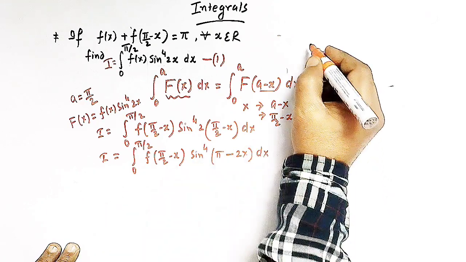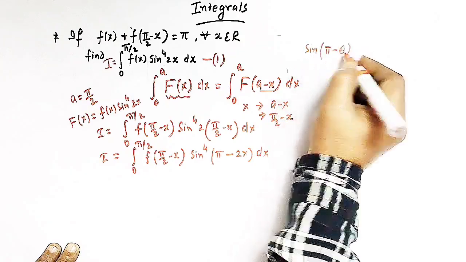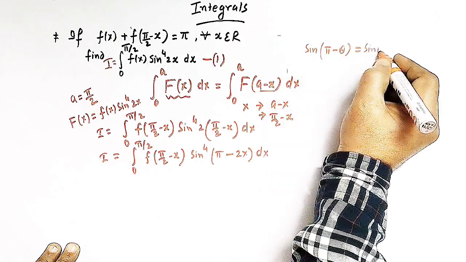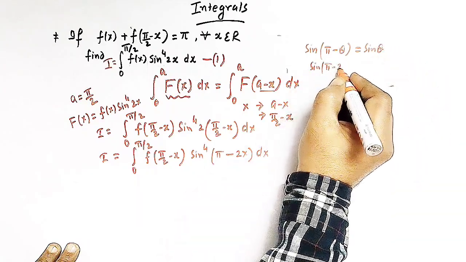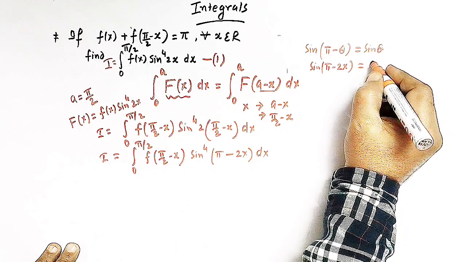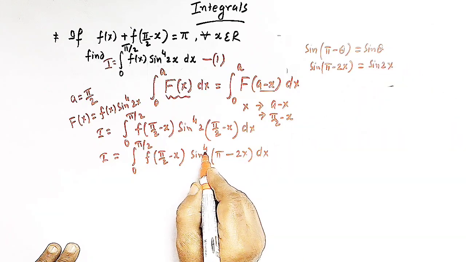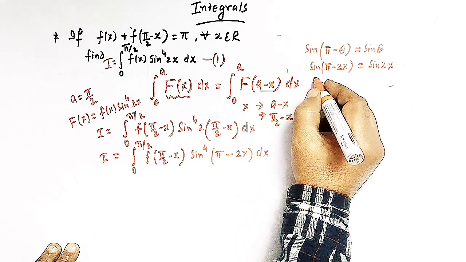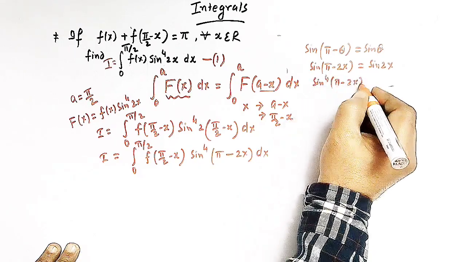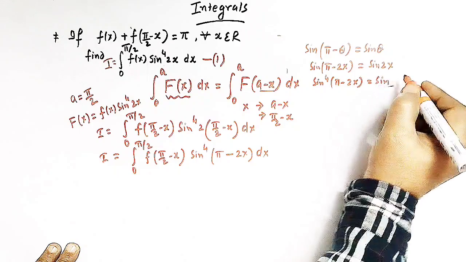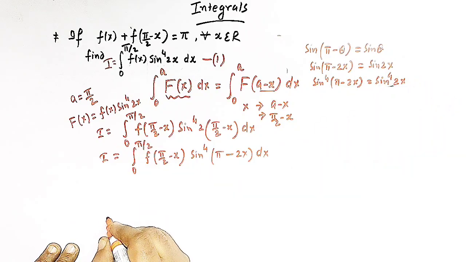Now from trigonometry we know that sine pi minus theta is equal to sine theta, right? So sine pi minus 2x is simply equal to sine 2x, and here we have the power or the exponent 4. So sine 4 of pi minus 2x is equal to sine 2x raised to 4, right?